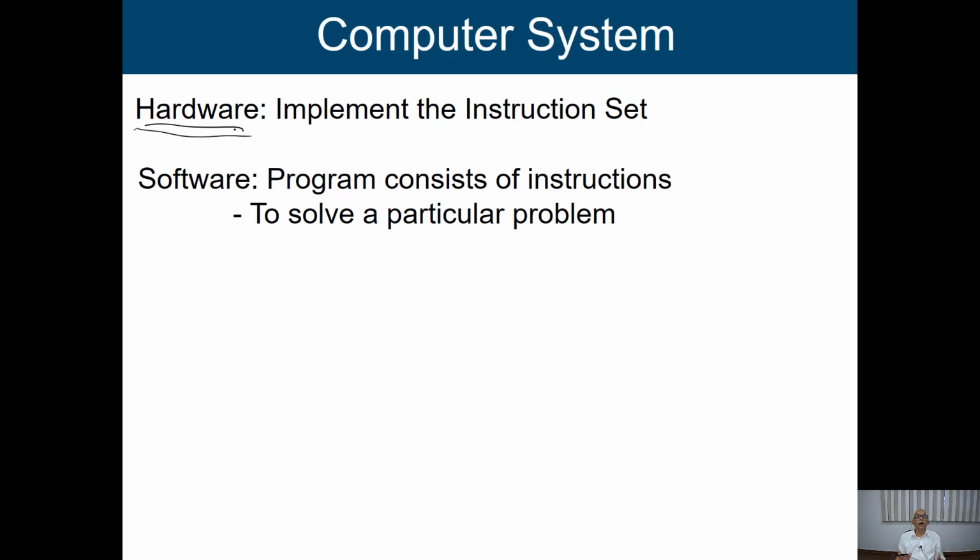These are the programs that we write to solve a particular problem. I have a problem in my hand, so I write a software, a computer program, to solve this particular problem. But when I write this program, it consists of instructions of this particular processor only, because the processor can execute those instructions. So these are the two components that we have.